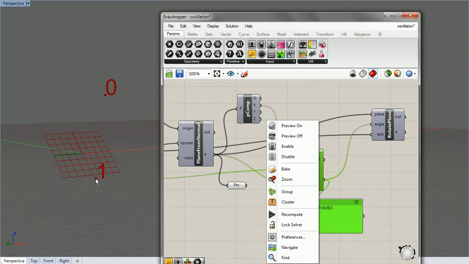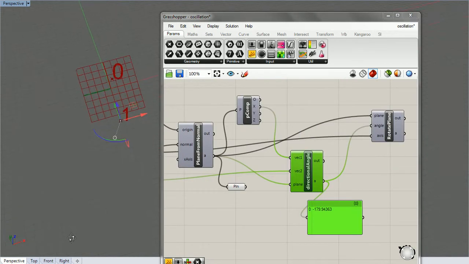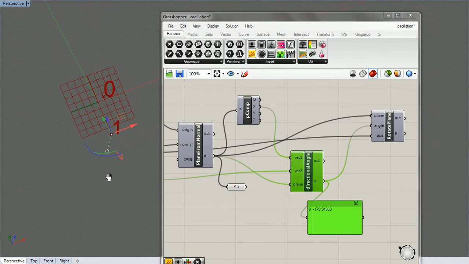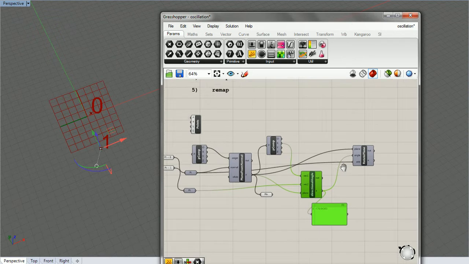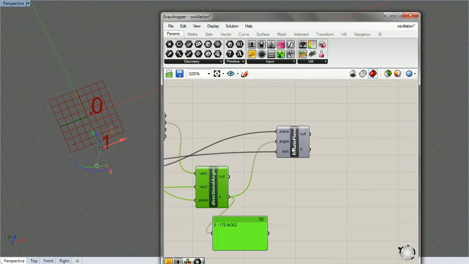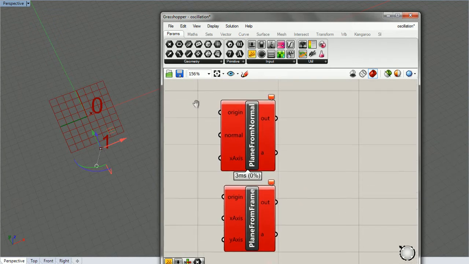Okay, so what we want to do is rotate this plane around the x-axis so it points in the general direction of the vector that we're passing in. So we're using rotate plane. Let's see if we can find it over here.